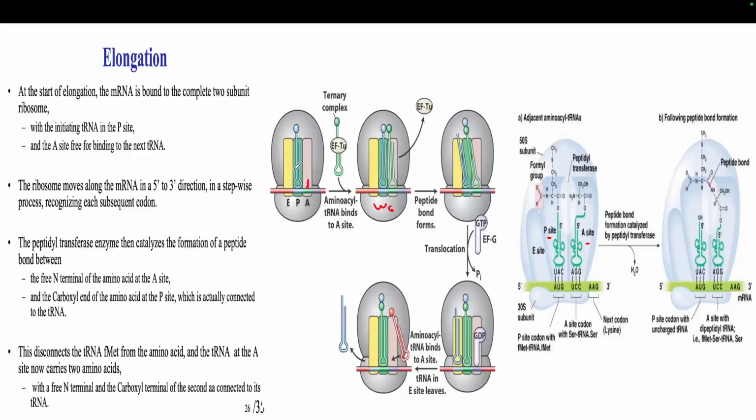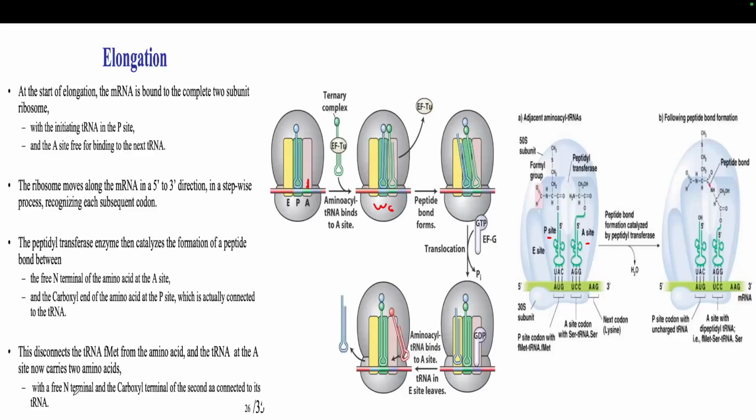After formation of the first peptide bond, these two amino acids will move to the A site, because the ribosome is moving from P to A site, right? So that's why this is moved to the A site. There are two amino acids now, and the tRNA fMet will be removed from the E site.